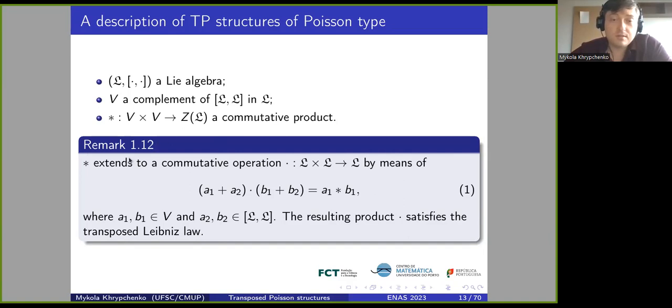And this product extends to the whole algebra just this way. You have these pairs, you have these sums. Any element is uniquely represented as the sum of an element of V and an element of the center, and you just multiply the first coordinates, those elements that belong to the complement, since you know how to multiply them.